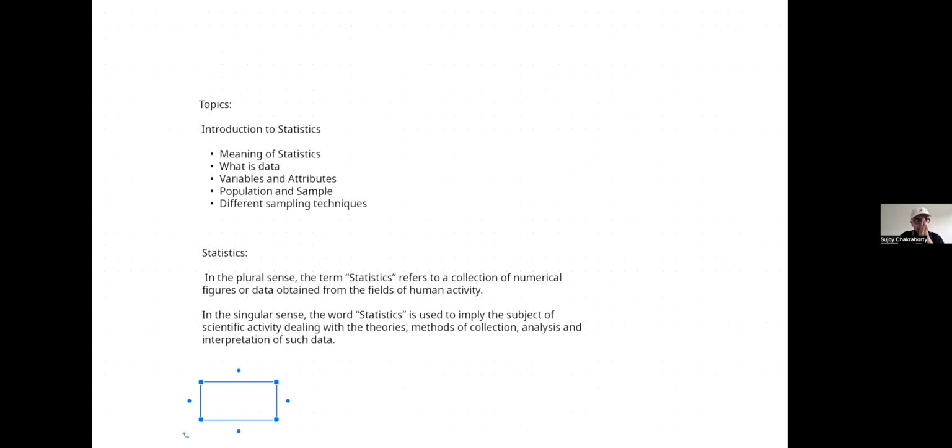First of all, typically all the available information on whatever topic we are dealing with are typically expressed in quantitative terms, right?